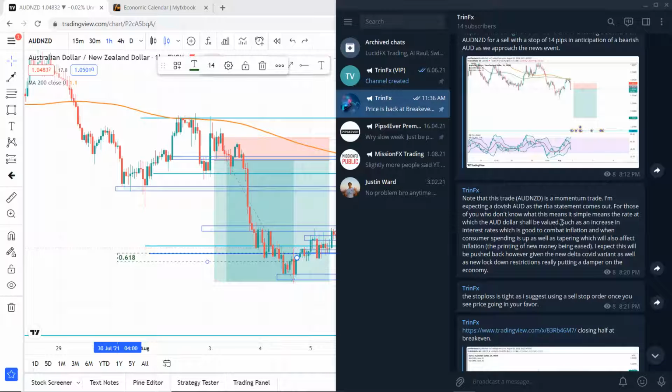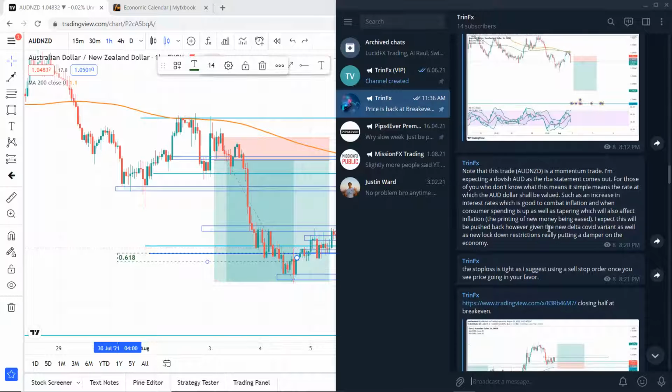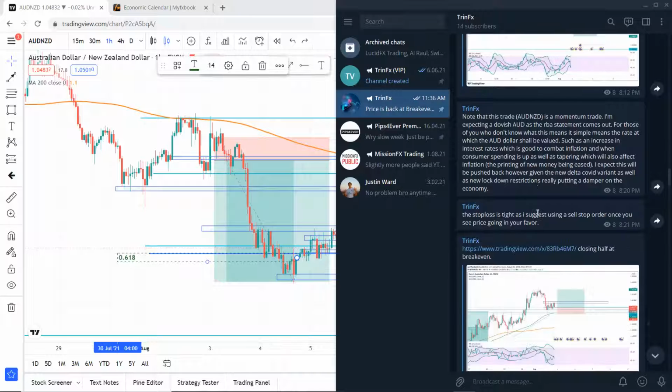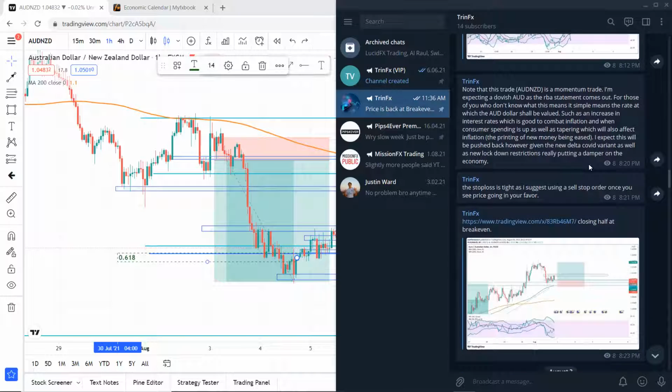If you don't know what inflation means, it just means the amount of money that is floating within an economy, right? If there's too much, the value of whatever currency that is becomes less, right? So hiking interest rates helps with it as it controls spending on consumer goods and all of those things, right?